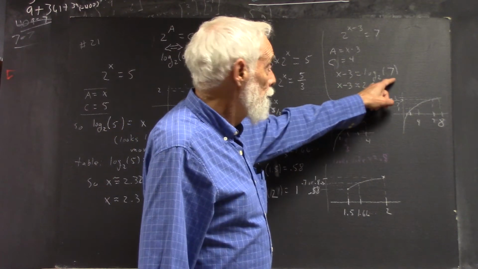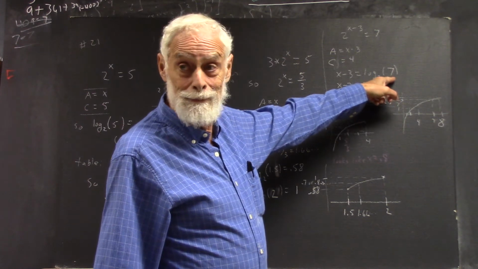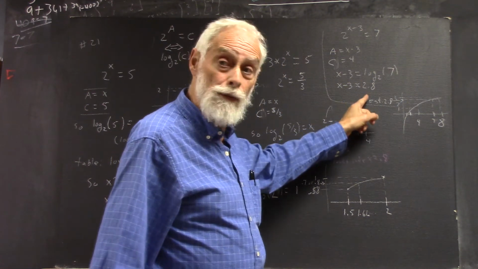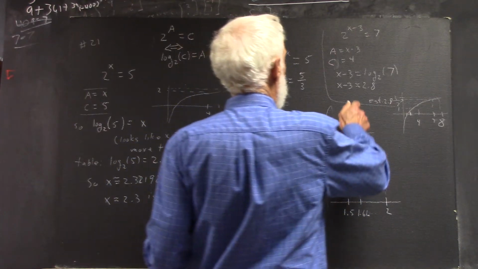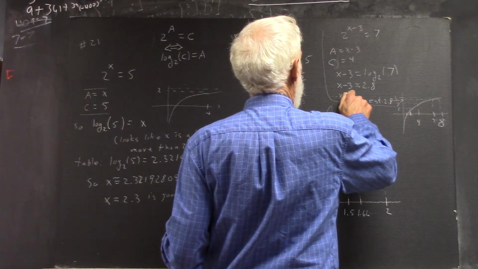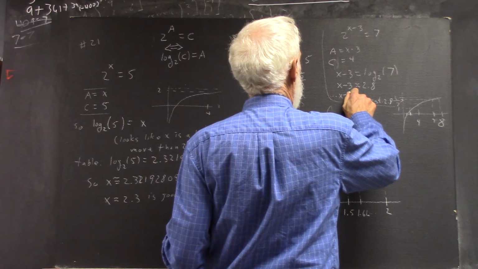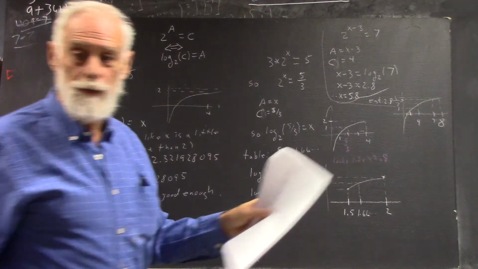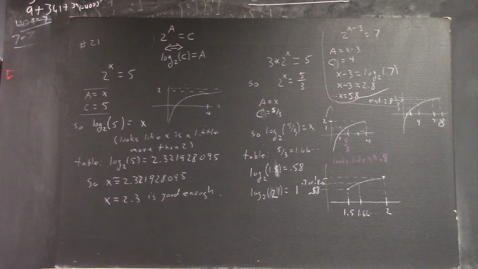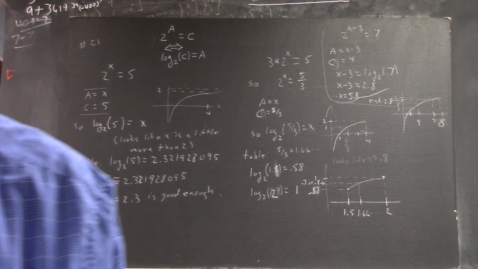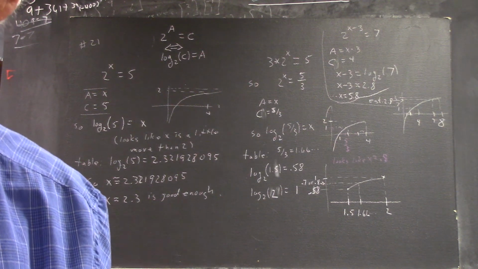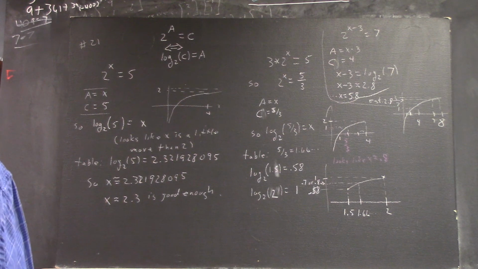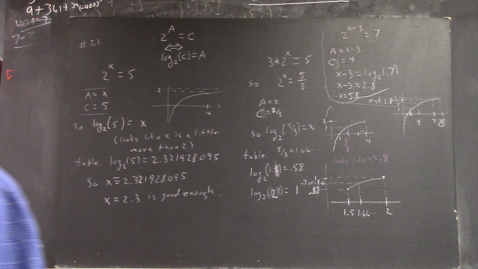You got to keep in mind that these logs are always just numbers. And you can replace it with a number and you can solve the equation. Make sure I got my arithmetic right. I think that's right. Okay, x would be 5.8. Add 3 to both sides. Okay? No mystery to it. You just translate it and take what you get and see if you can solve it. Okay? Makes sense?